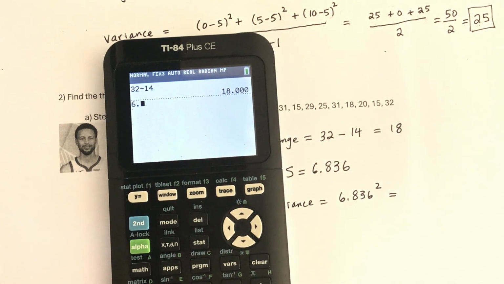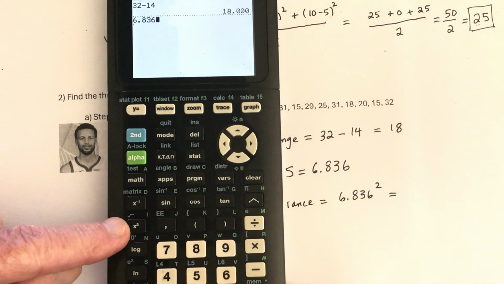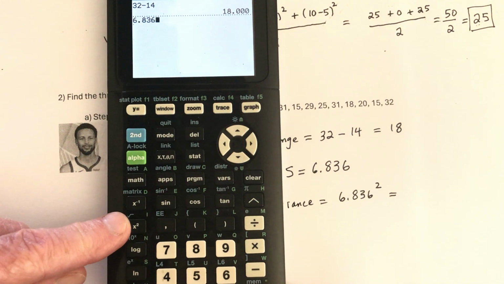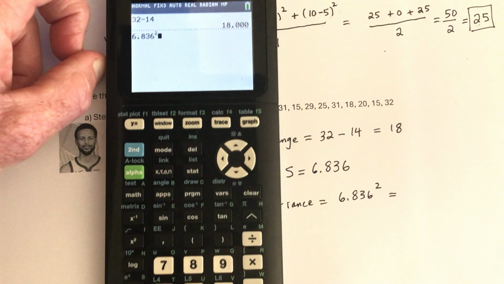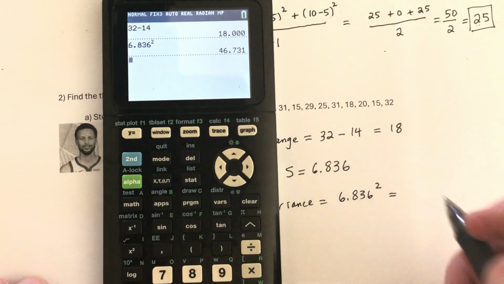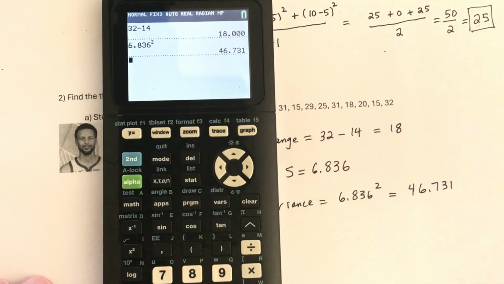It says x squared, but it's not going to put an x, it's just going to put a square. So that's the 6.836 squared, which equals 46.731.